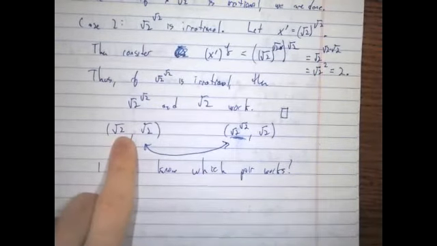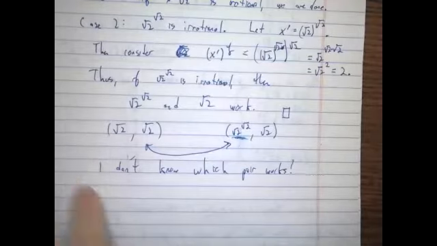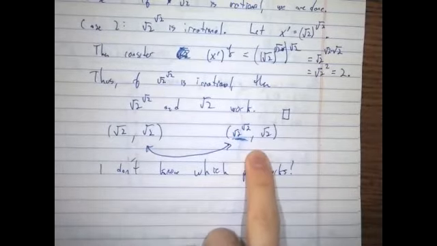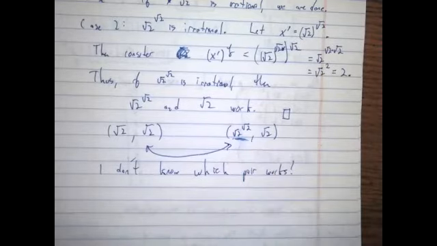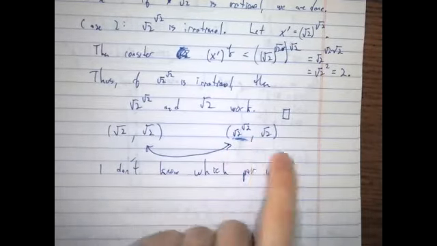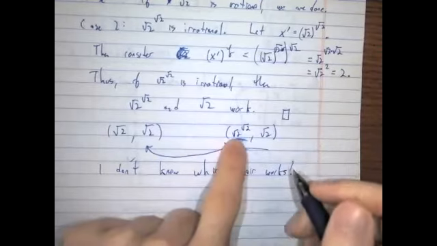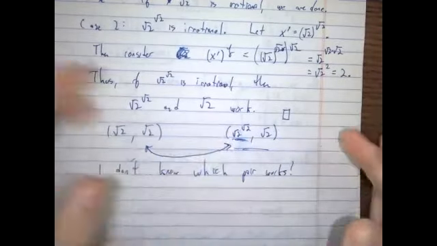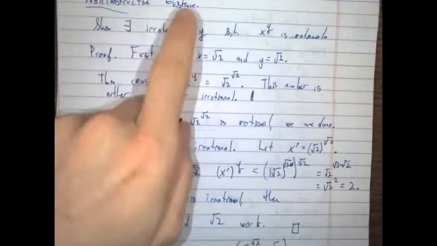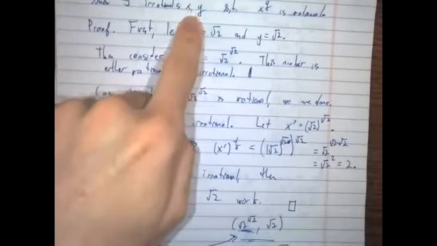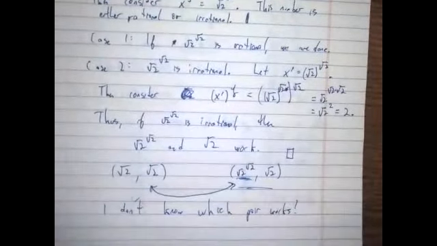Either this works or it doesn't, and if this doesn't work, then this one does. And of course, this one doesn't work if square root of 2 to the square root of 2 is rational, because then it doesn't satisfy the conditions of both x and y being irrational, right?